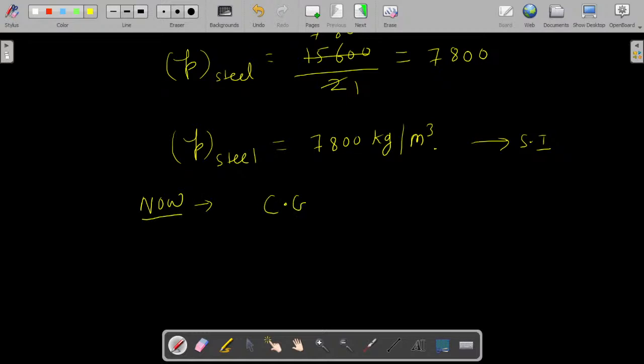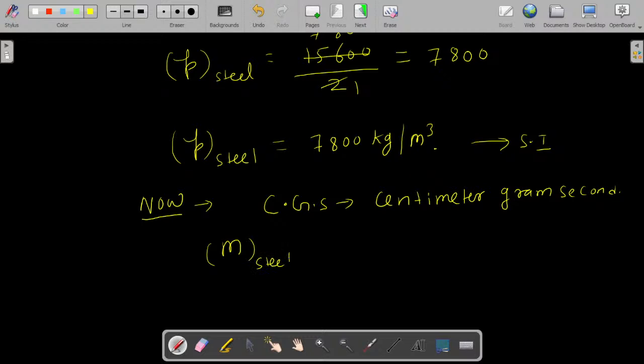What is the full form of CGS? Very good. Centimeter, gram, second. So you have to take mass in gram, length in centimeter. So mass is given, mass is 15600 kilogram.